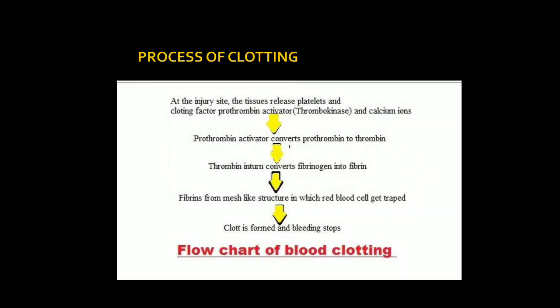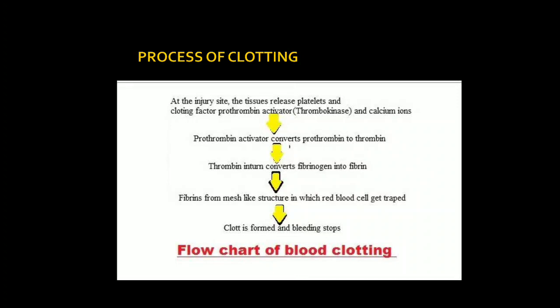We also call it thromboplastin, so in many books you may read it like that. You can learn it like this only. Calcium ions are very important.